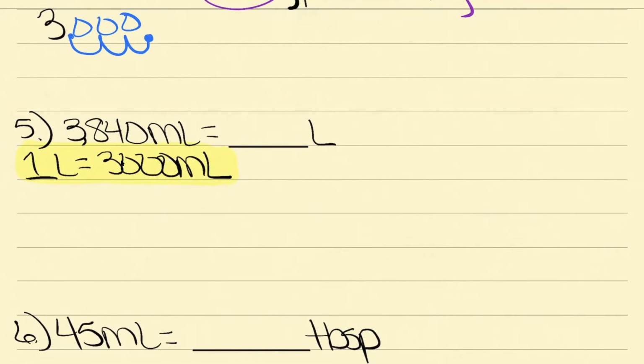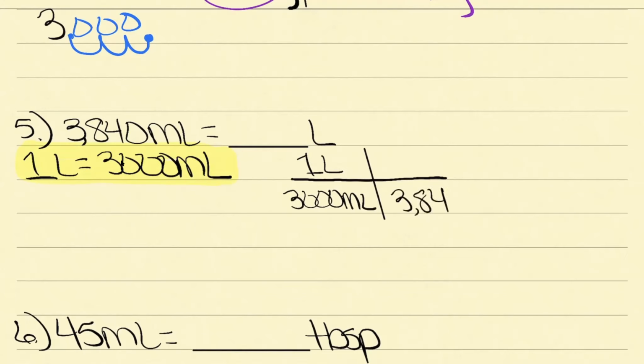So I'm going to do the cross. And I'm asking about 3,840 milliliters, so it's going to go on the bottom right. And then my unknown is the top right.